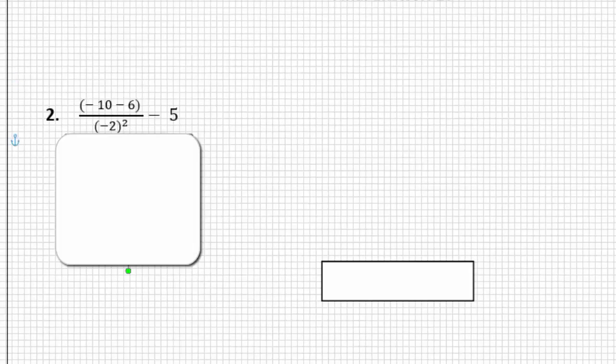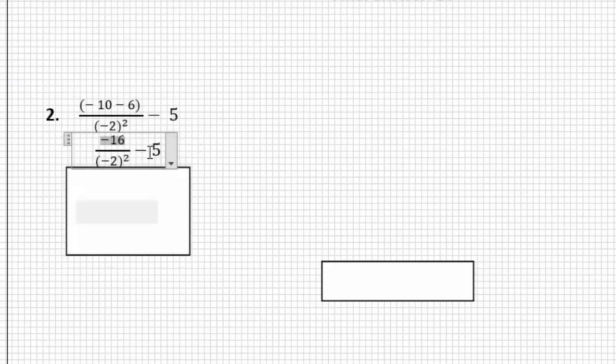Alright, so like I mentioned, first I would do -10 subtract 6, and at the -10 I'm going more negative, so I'm going to get -16, that first group. And then I've rewritten the rest of the problem, -2 squared in the denominator, and then subtract 5.